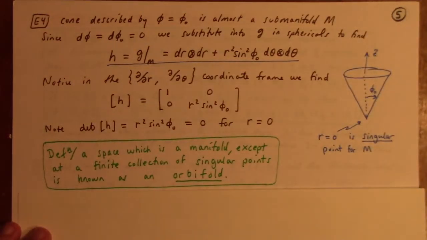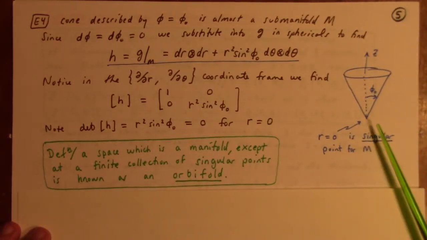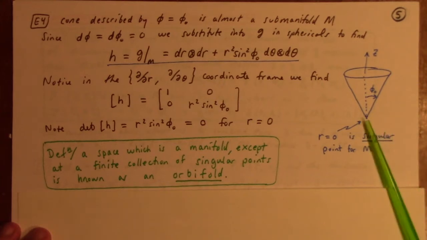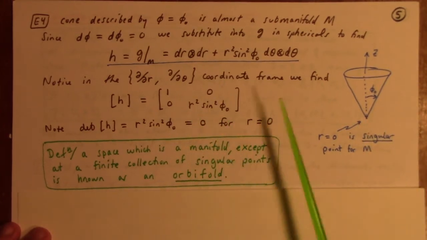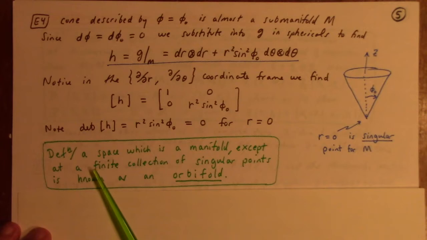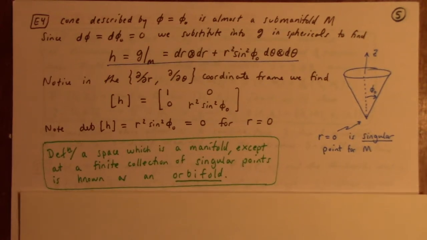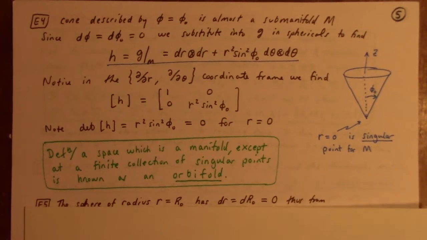There's not a nice bijection between the point of the cone and a little neighborhood of R2. So that's the singular point, and that's reflected in the math here. Fun fact: a space which is a manifold except for a finite collection of singular points is known as an orbifold. So a cone would be a rudimentary example of an orbifold.